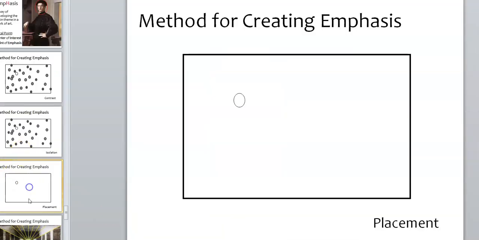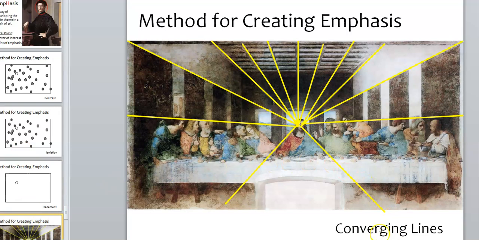Okay, popping back over. Crisis averted. We also have this thing called converging lines. That's when the lines, both real and implied, connect at one spot. So all these little rays coming out of this dude's head right here are all connecting to show you his face is the important one to pay attention to. He also happens to have some contrast in the space around his head, as well as the light space behind the window highlighting his face.